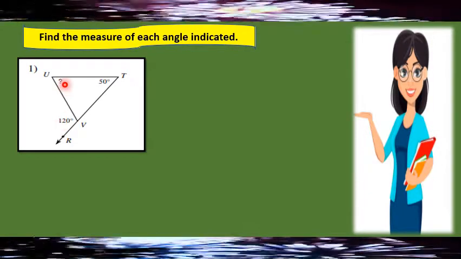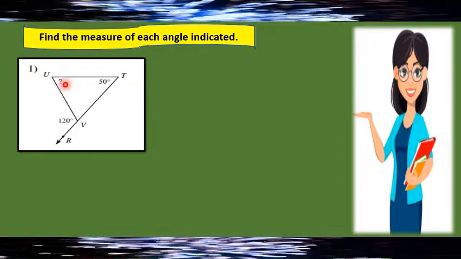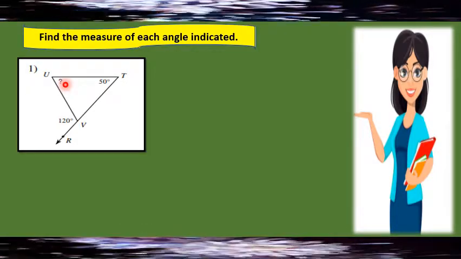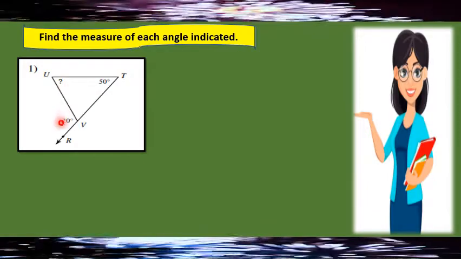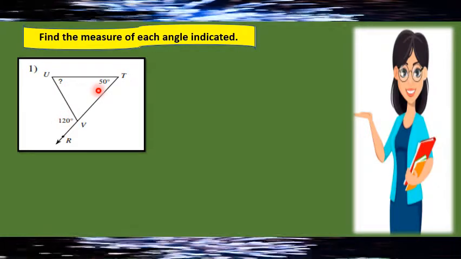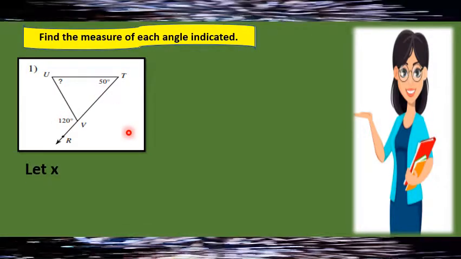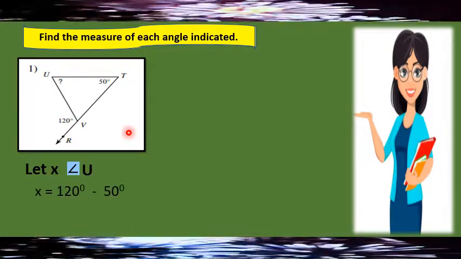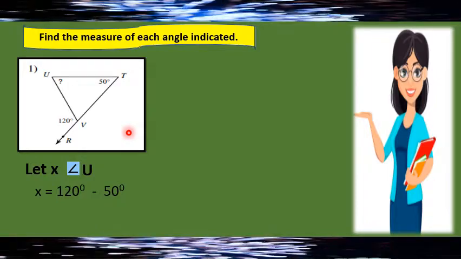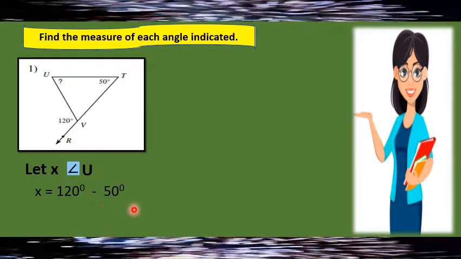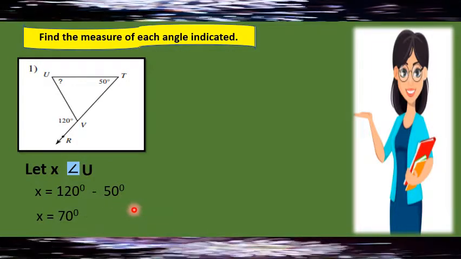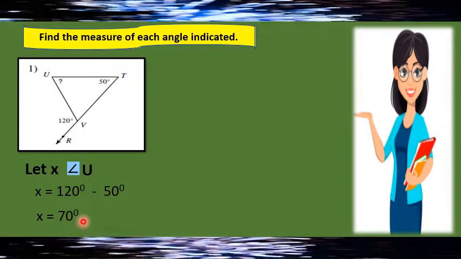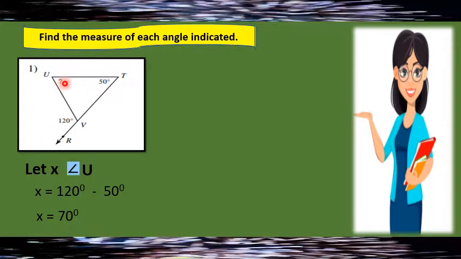But since the remote interior is missing, we're going to subtract. So 120 minus 50 degrees. Let x be angle U. Then x equals 120 degrees minus 50 degrees. Therefore, x, or angle U, is 70 degrees.